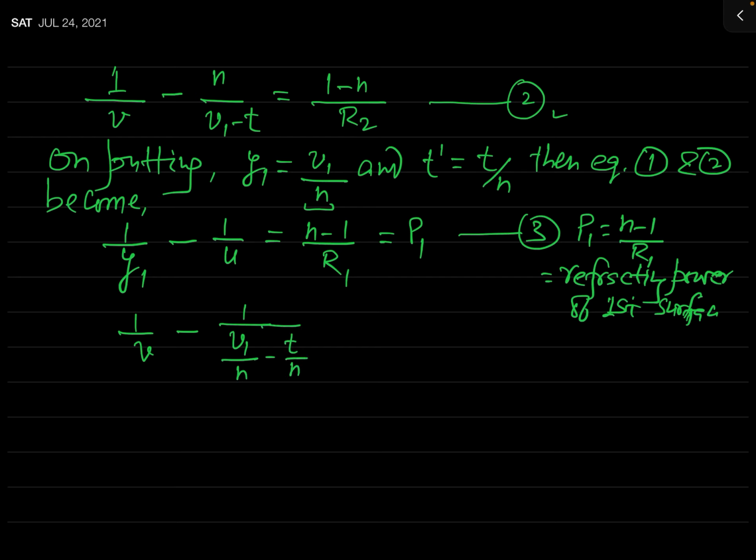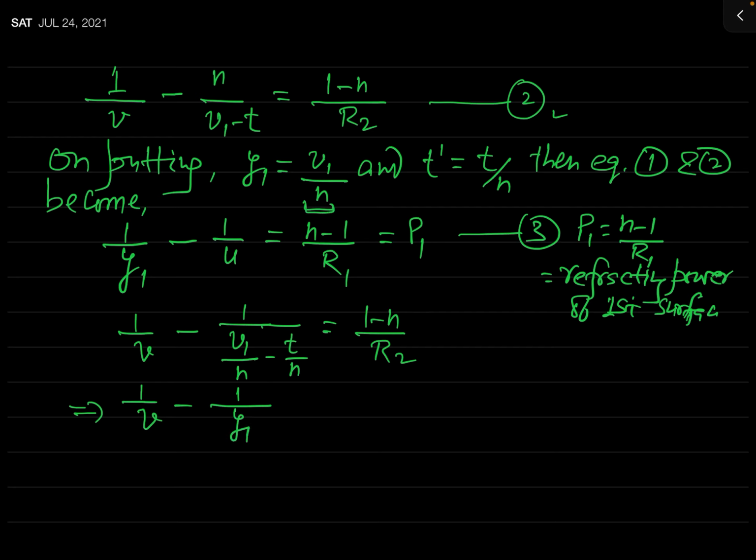You can write this, and this equal to 1 minus n over r2. And now see, this will be 1 over v minus 1 over, but see here, v1 over n, that will be equal to 1 over y1.